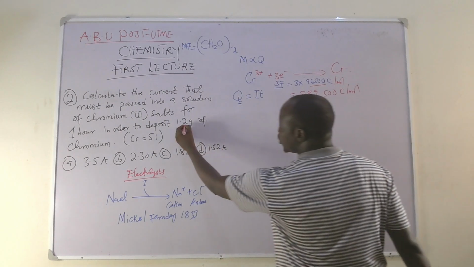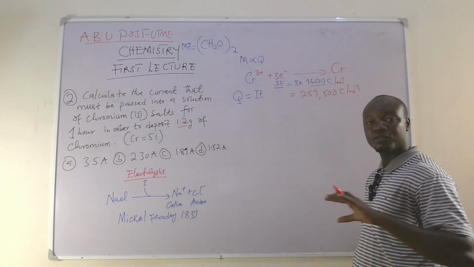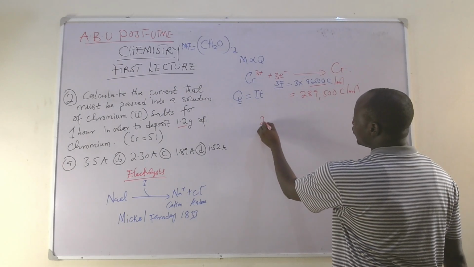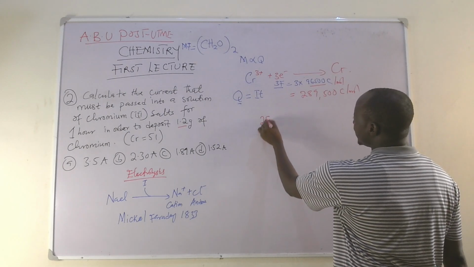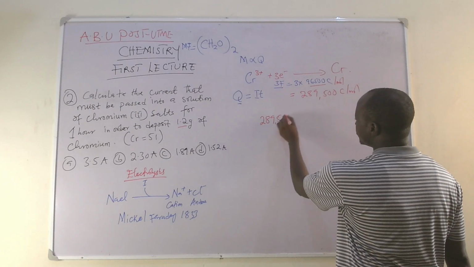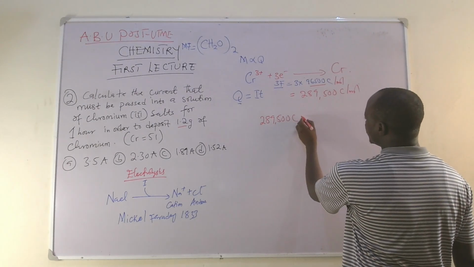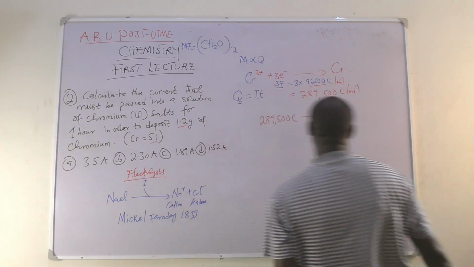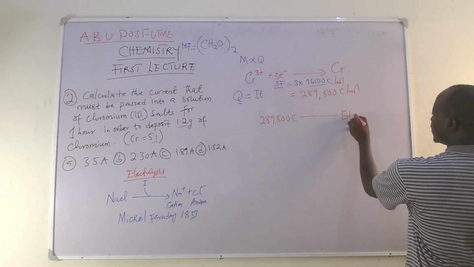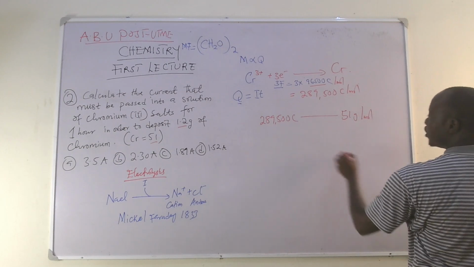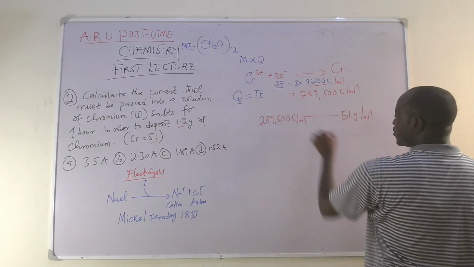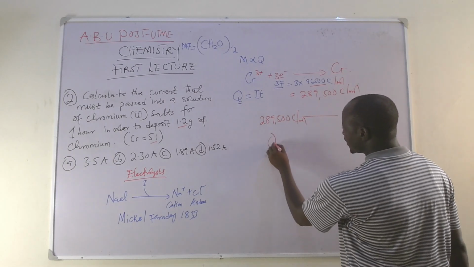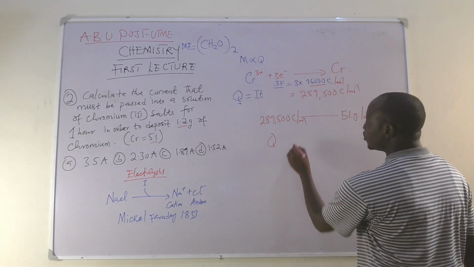So now the mass of the element deposited during electrolysis is 1.2 grams. We are now going to have a relationship. We have 289,500 coulomb, related with the mass of the element, which is 51 gram per mole, and then the quantity of electricity that we want to get, which is Q, is unknown.